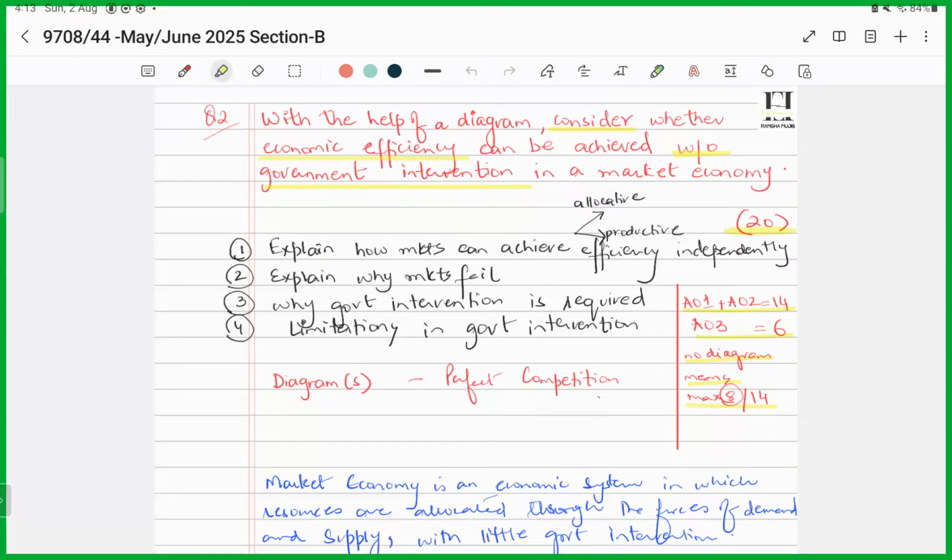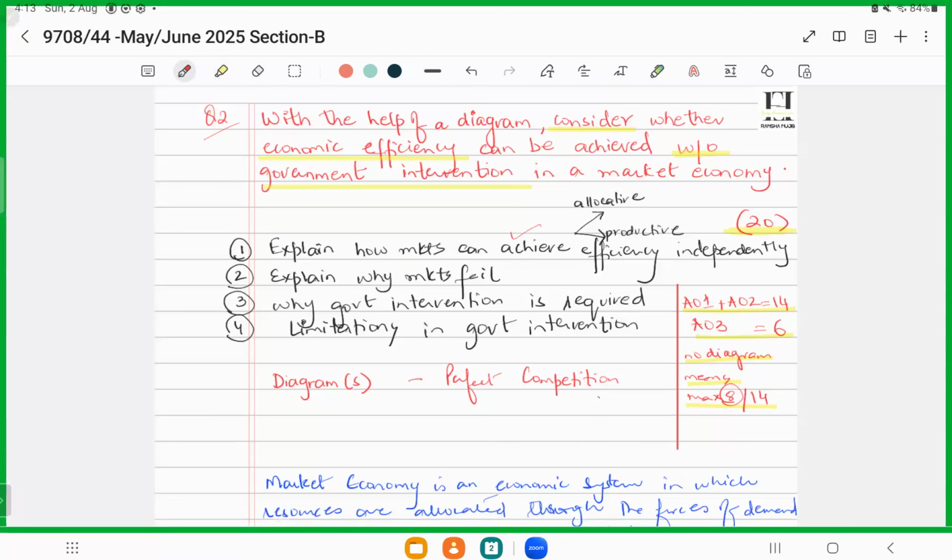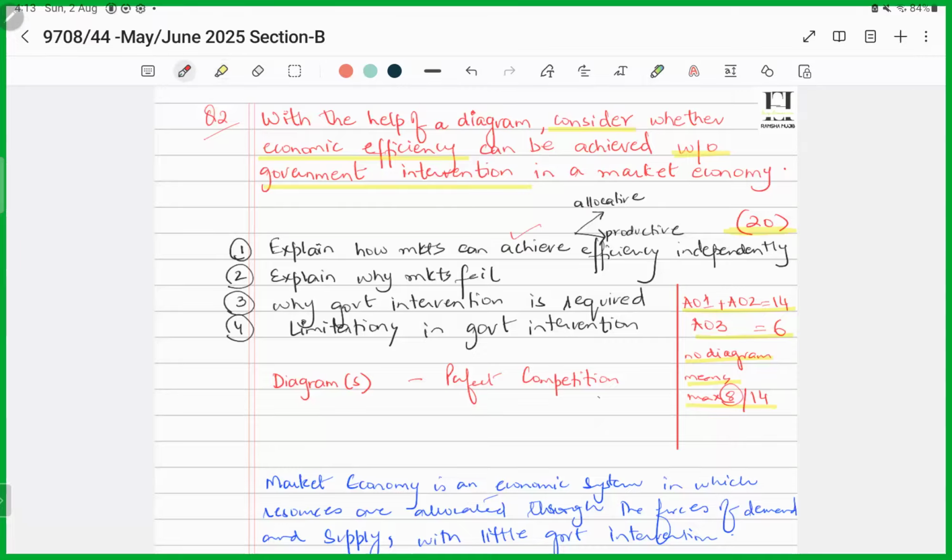So, consider means that first you will talk about a situation in which you'll say that yes, if you are leaving markets on their own, there can be a possibility of economic efficiency. However, there could also be a situation where economic inefficiency might exist, right? So when economic inefficiency exists, you will tell the reasons why markets fail.